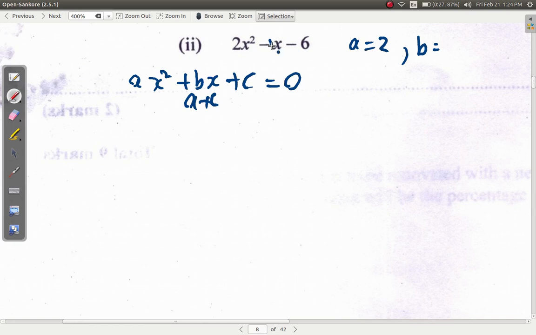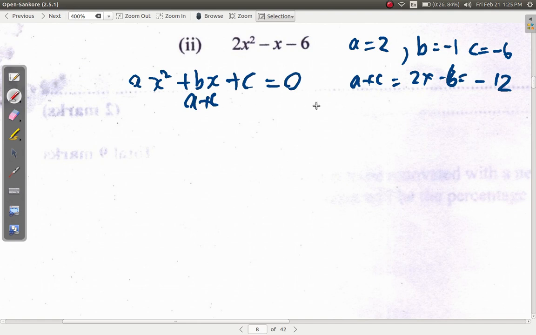When you have this, you have a 1 in front of the x, so this is like plus negative 1, so b is negative 1, c is not 6, c is negative 6, because this is like plus negative 6, alright? So you continue here. You multiply a by c. So a times c is 2 by negative 6, which gives you negative 12.